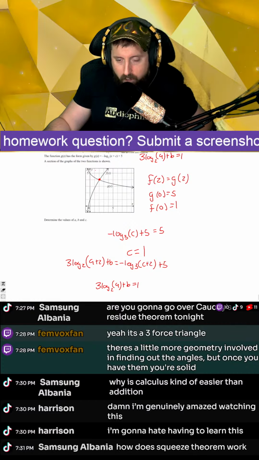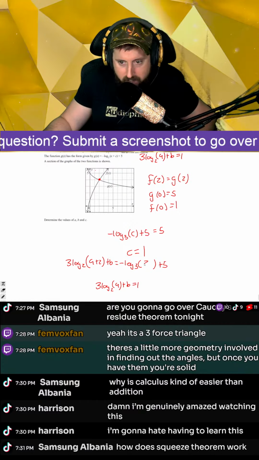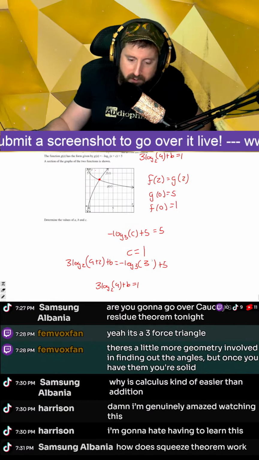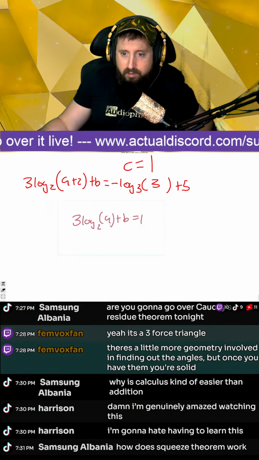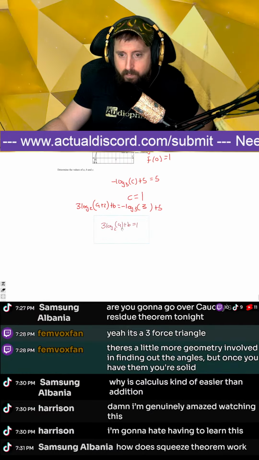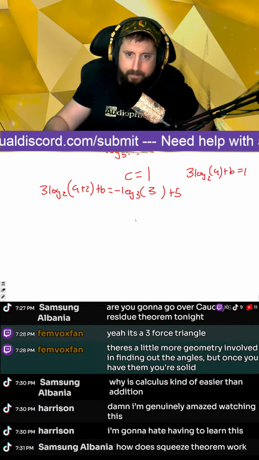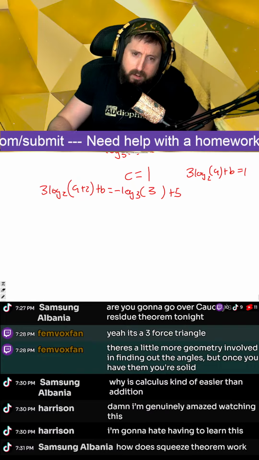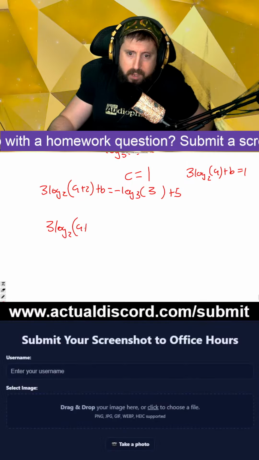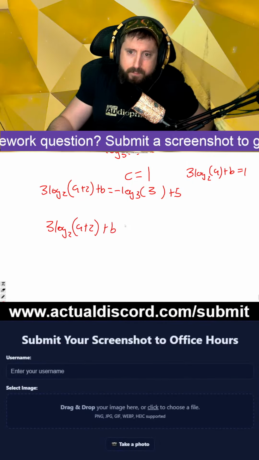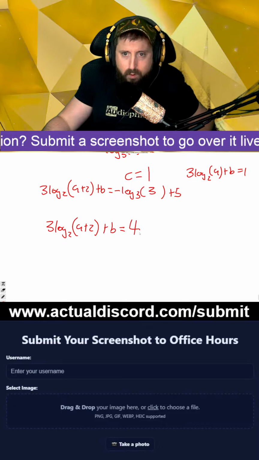Oh, and I know C is equal to 1, right? So this is log base 3 of 3. Log base 3 of 3 is just 1. Okay, so this is the other thing. We know this is true. So 3 log base 2 of A plus 2 plus B has to be equal to 4.